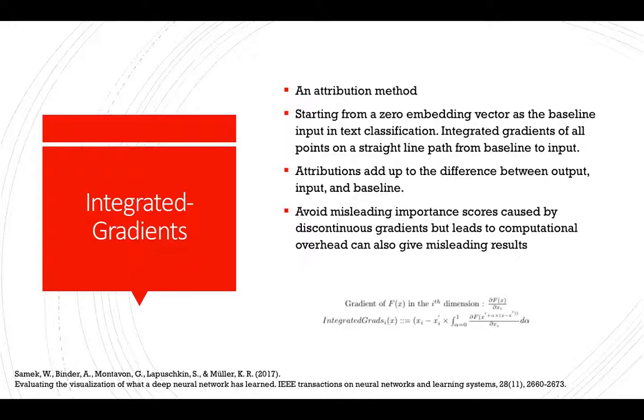Using integrated gradient, it is able to avoid misleading importance scores caused by discontinuous gradients, but it can also lead to overhead and give misleading results.